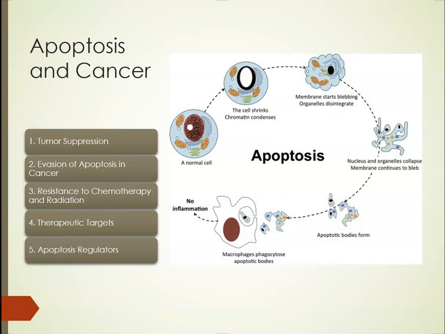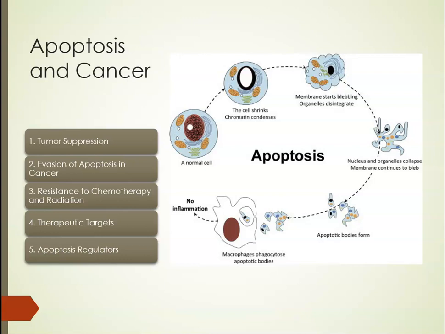So here's how apoptosis is connected to cancer: tumor suppression, evasion, resistance to chemotherapy, and even therapeutic targets. First, tumor suppression. Normal cells have mechanisms in place to detect DNA damage or mutations that can lead to cancer, as I mentioned earlier.